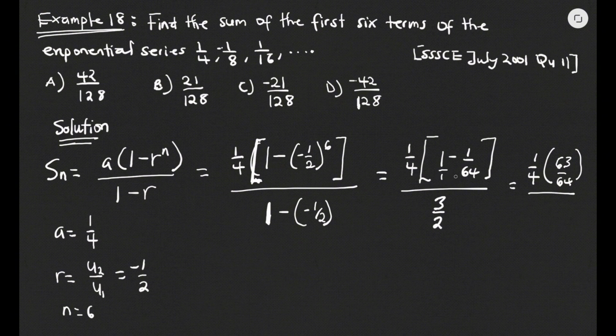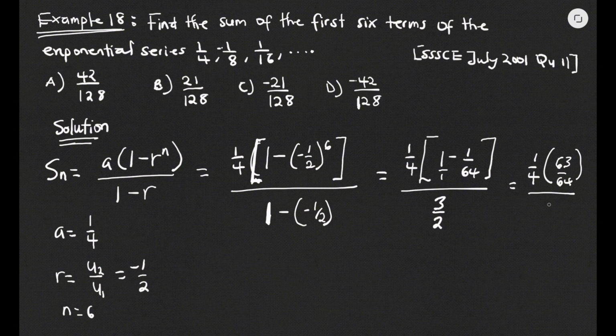With a denominator of 1 and 64, the LCM will be 64. 1 will go into 64, 64 times. 64 multiplied by 1 will give you 64, minus 64 will go into itself 1, and that 1 multiplied by 1 will be 1. So you have 64 minus 1 at the top divided by 64, and that will give you 63 divided by 64, and that is what we have over here.